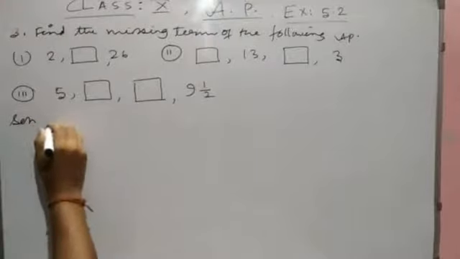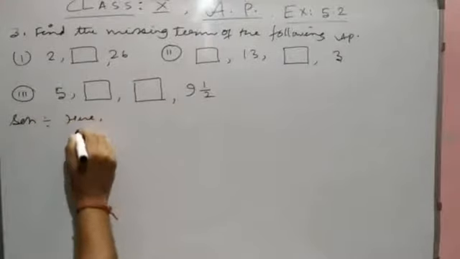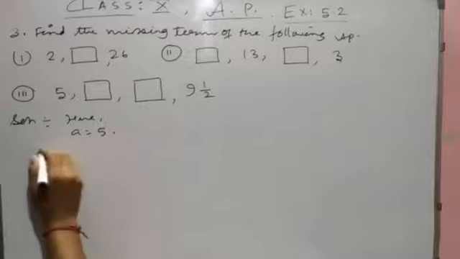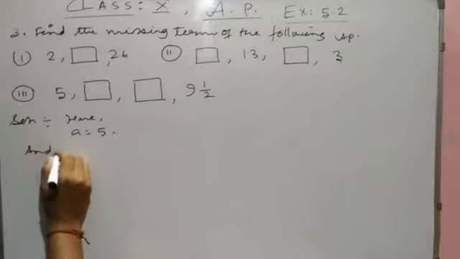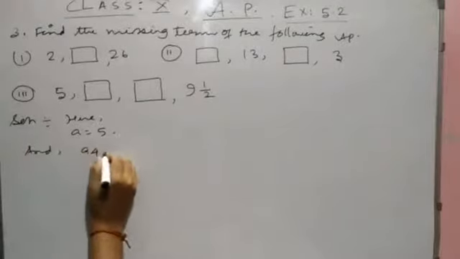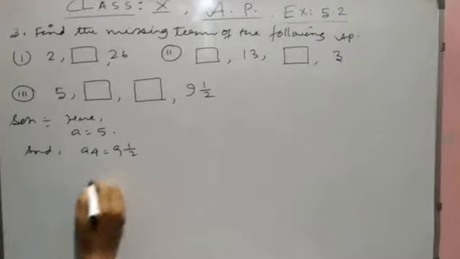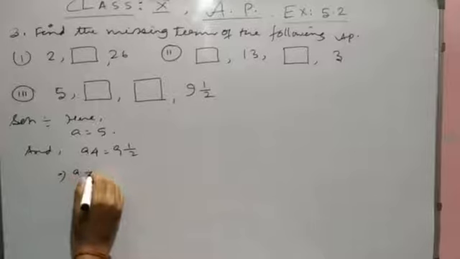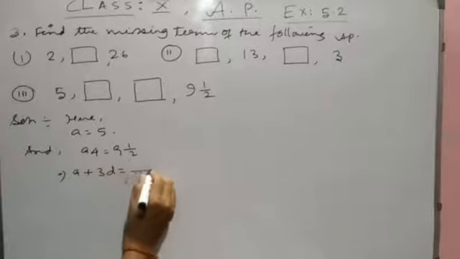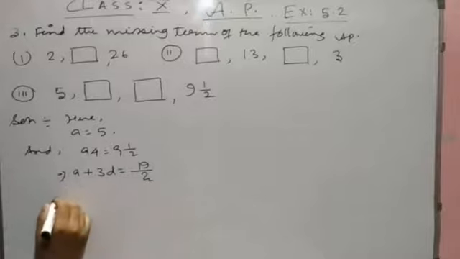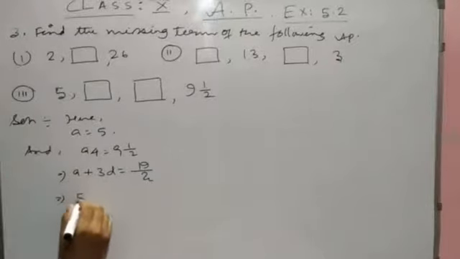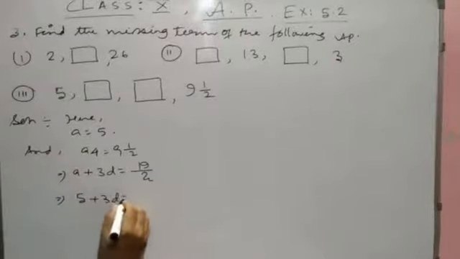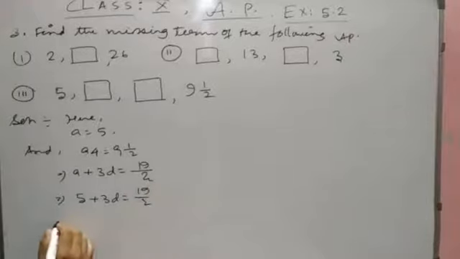So here a equal to 5 and a4 equal to 9 1 by 2, that is 19 by 2. So a4 means a plus 3d. a means 5, so 5 plus 3d equal to 19 by 2.